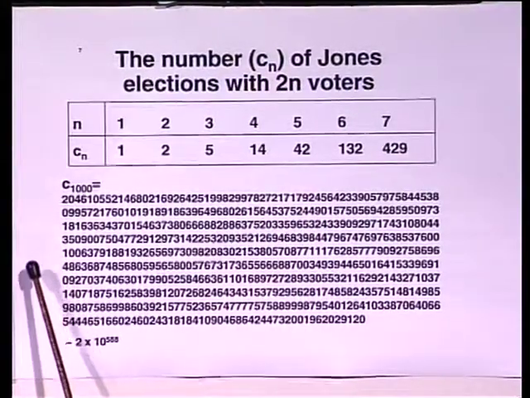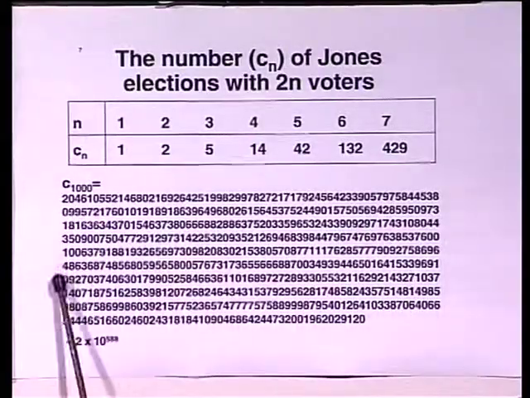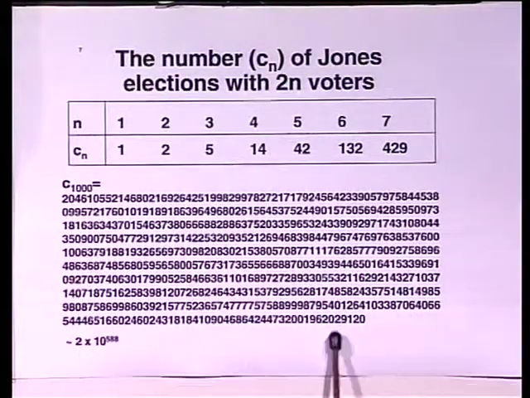And if we'd gone to an electorate of 2,000, we'd have found that there would have been this number of different Jones elections. Well, that, of course, is far too large a number for you to check by hand. It is, in fact, quite a lot larger than the number of atoms in the universe.